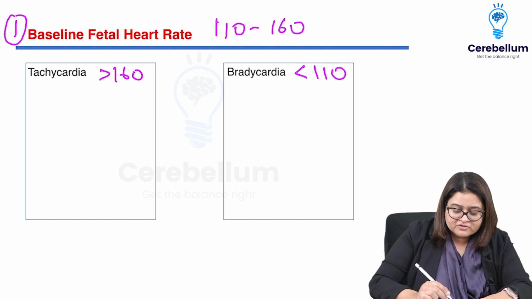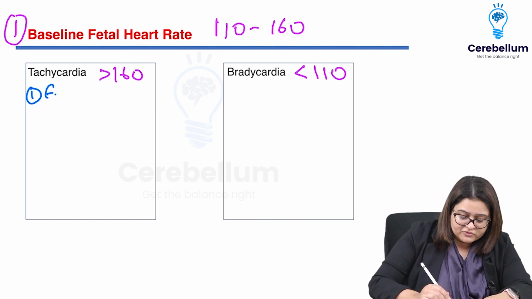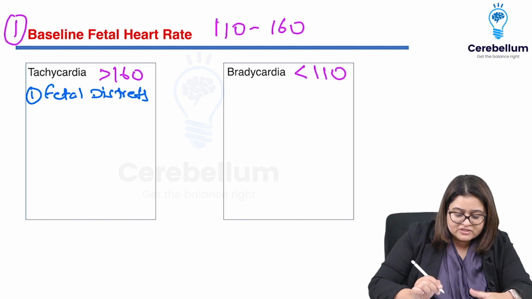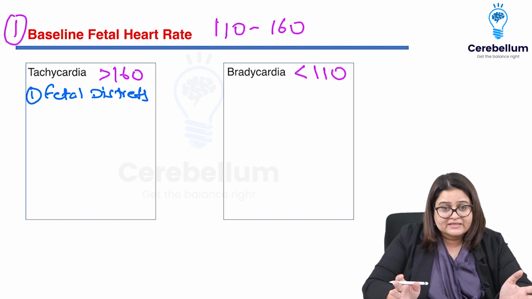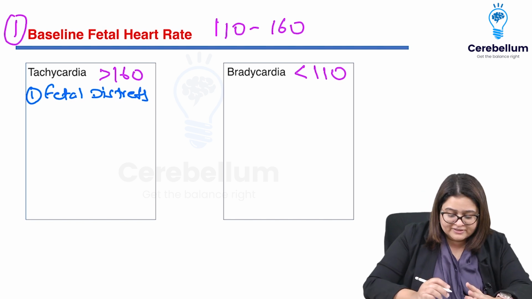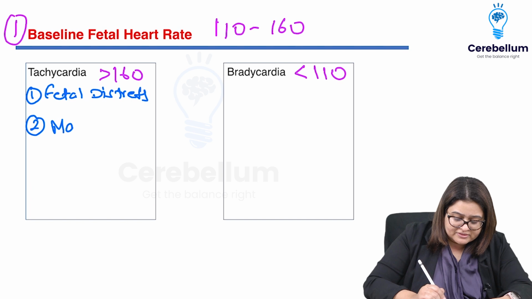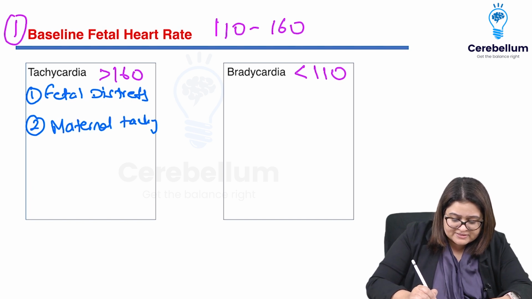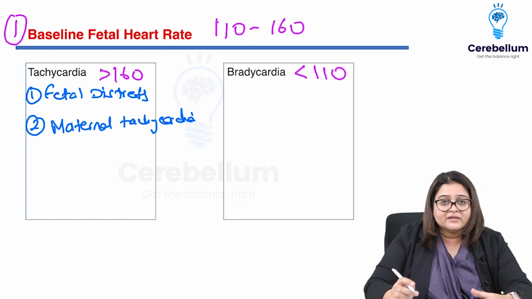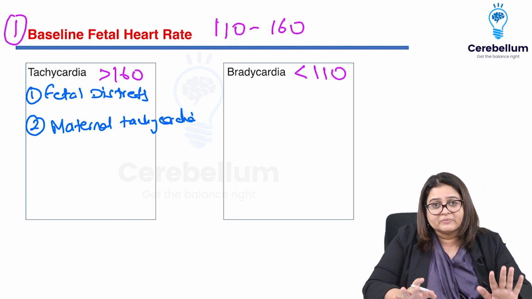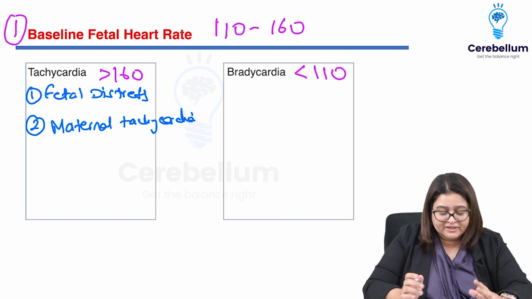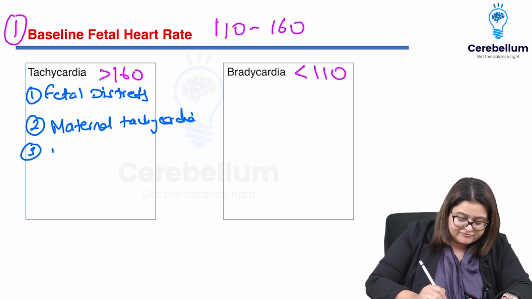So what are the important reasons of fetal tachycardia? Foremost is fetal distress. A distressed fetus will present either as fetal tachycardia or fetal bradycardia. Another reason for fetal tachycardia could be maternal tachycardia. If the mother's pulse is high, the fetus's heart rate will also be high. The mother can have fever.